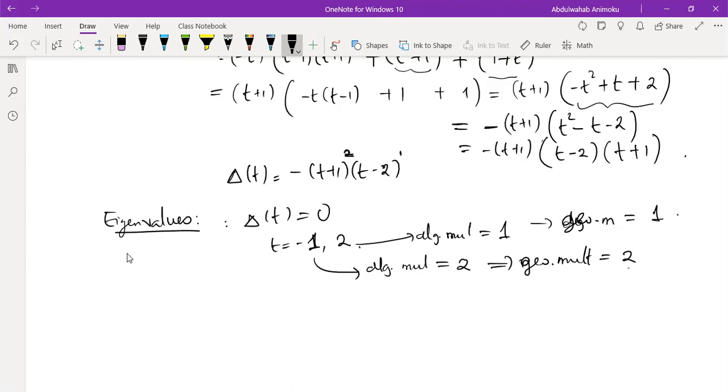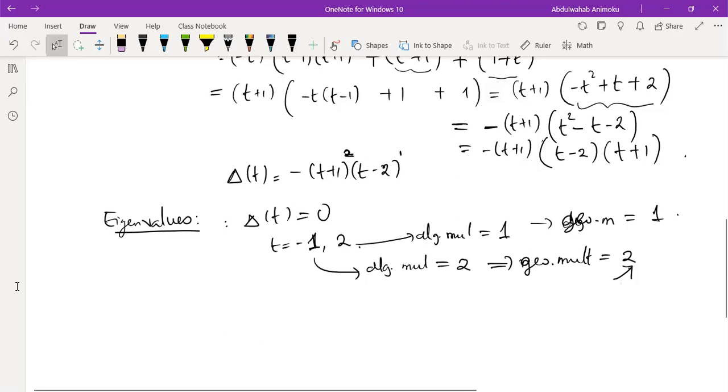Now, if you are solving this problem and you find that the geometric multiplicity is 1, that means there's a mistake somewhere in your solution. Because you have to be sure that the geometric multiplicity has to be 2, because we know this transformation is diagonalizable. I hope that makes perfect sense.